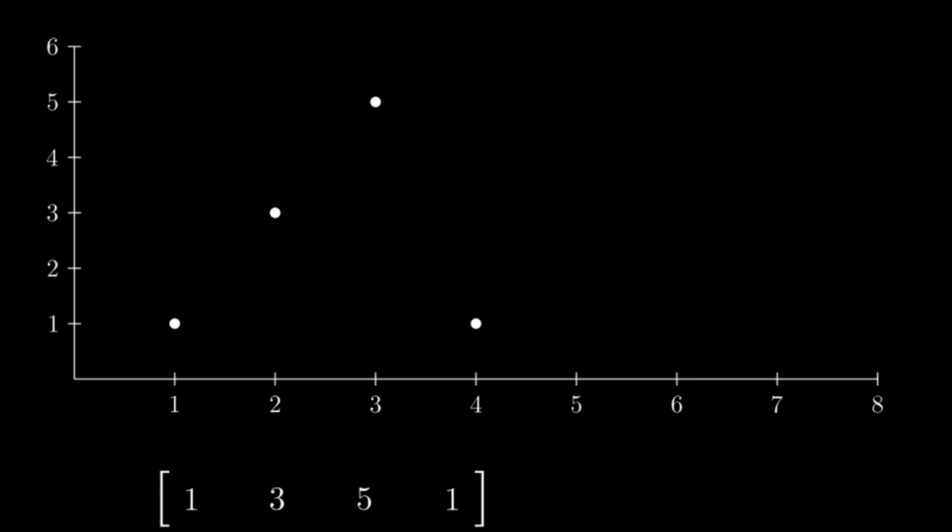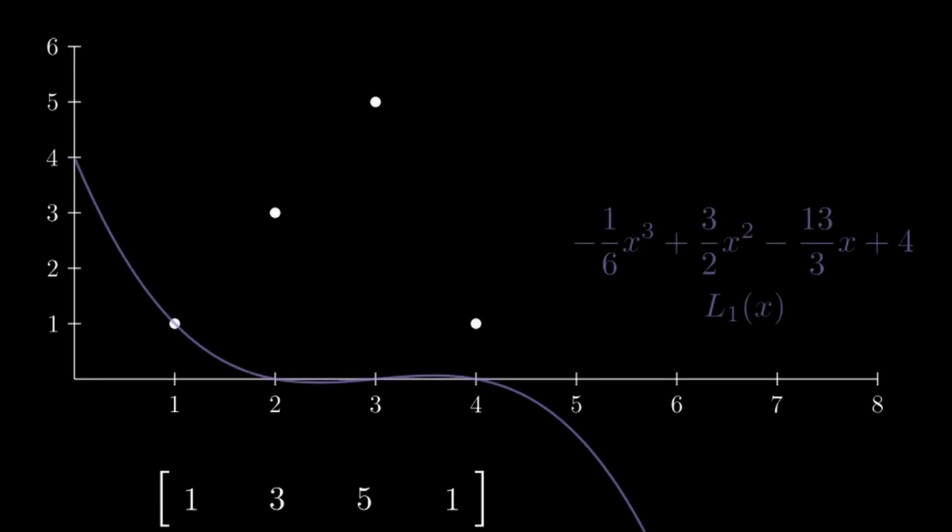A Lagrange polynomial at position 1 is a function that takes the value 1 at x equals 1, and it takes the value 0 for all the other points in the domain we care about, which for right now is 1, 2, 3, and 4. Now the special thing is this polynomial is the unique degree 3 polynomial that satisfies those conditions.